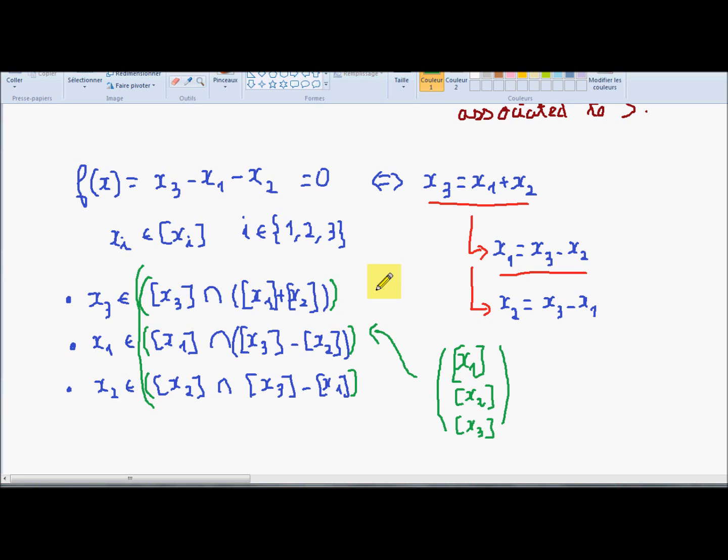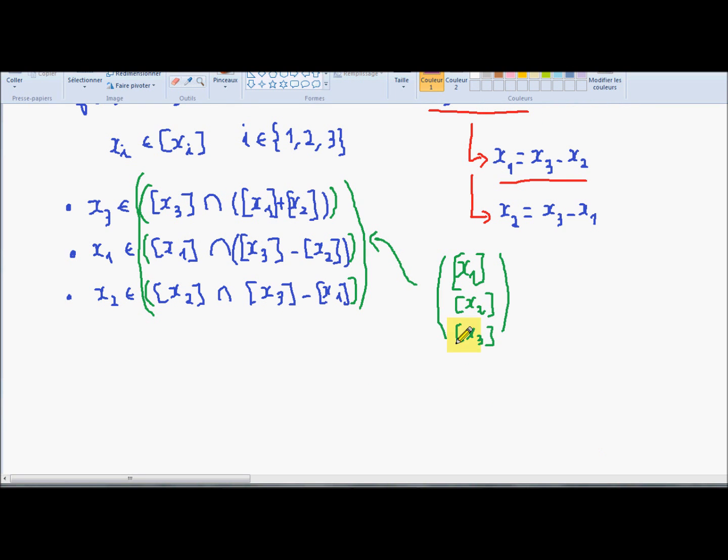If you prefer, this is the box X, which belongs to IR3, the set of boxes or intervals of R3, and this corresponds to the contraction of X.